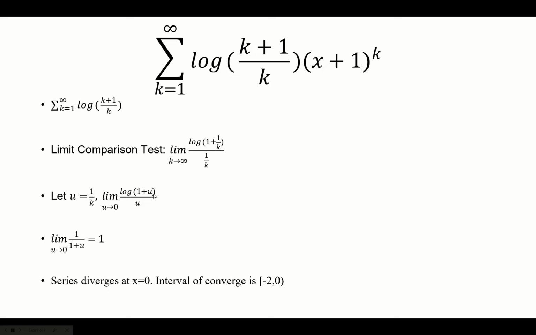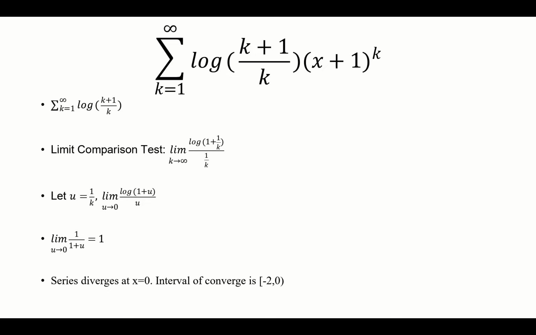If I plug in 0 top and bottom, we get 0 over 0. Use L'Hopital's rule. The derivative of the top is 1 over 1 plus u. The derivative of the bottom is just 1. Plug in 0, we get the limit as 1. For the limit comparison test, you want the limit to be finite and positive.